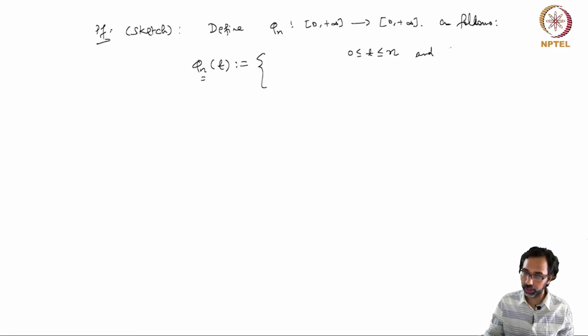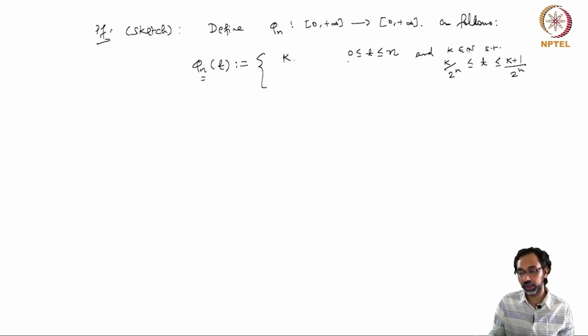a natural number k such that k over 2^n is less than or equal to t is less than or equal to (k+1) over 2^n, and in this case we write phi_n(t) as k over 2^n.